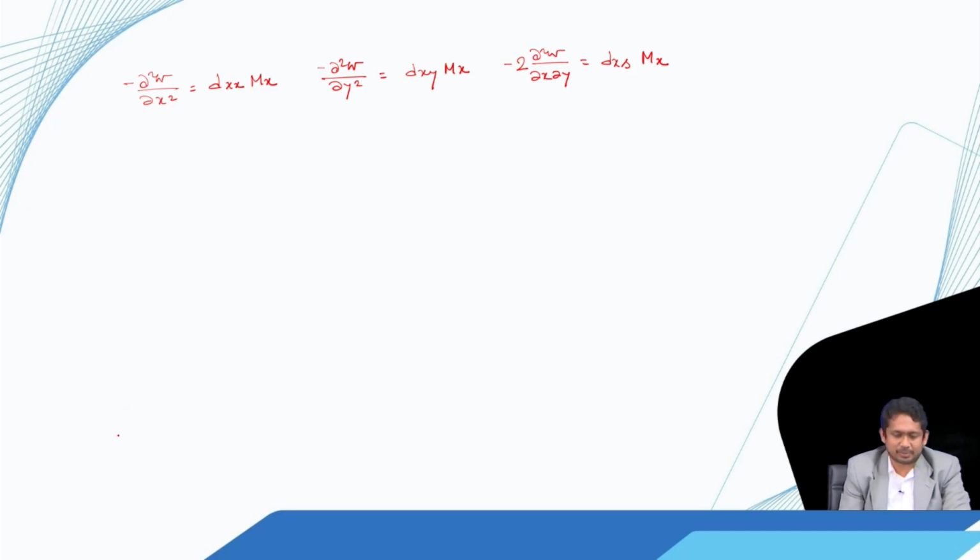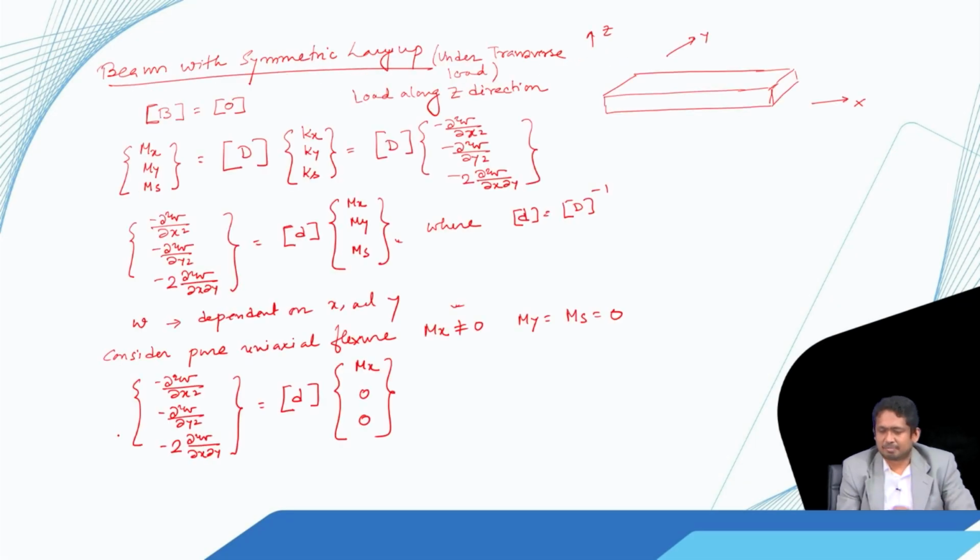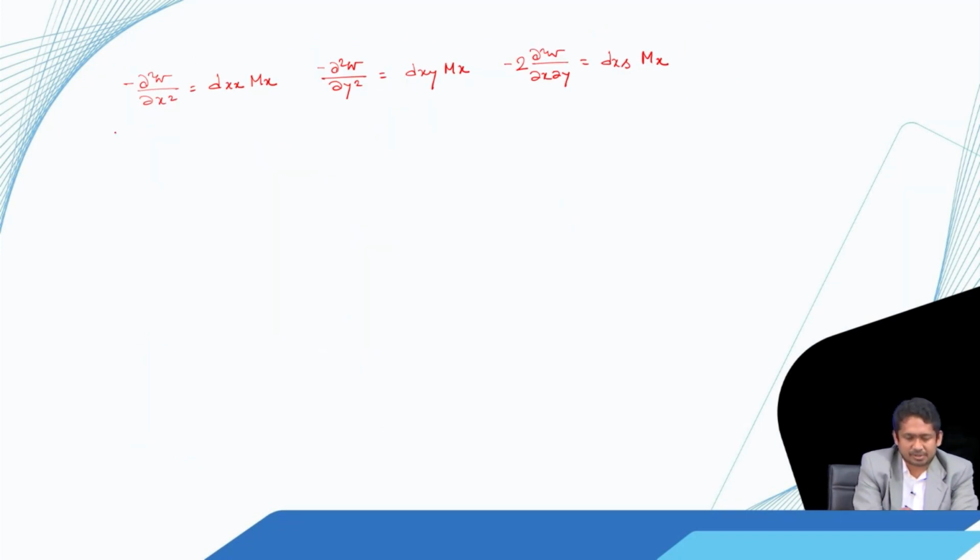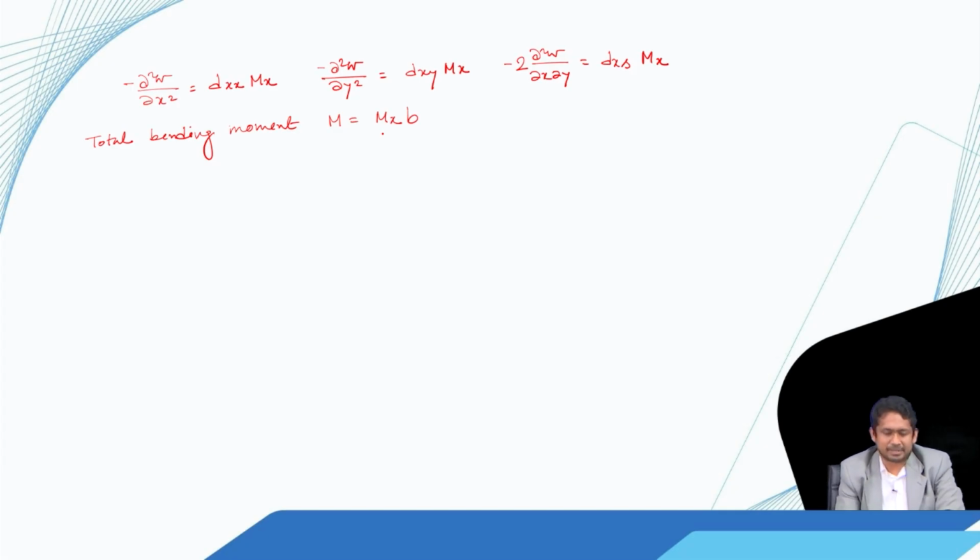In a beam we generally talk about the moment itself, that means the moment multiplied by this dimension. If we say that this dimension along y is b, then the total moment becomes Mx into b. So the total bending moment becomes M is equal to Mx multiplied by b.